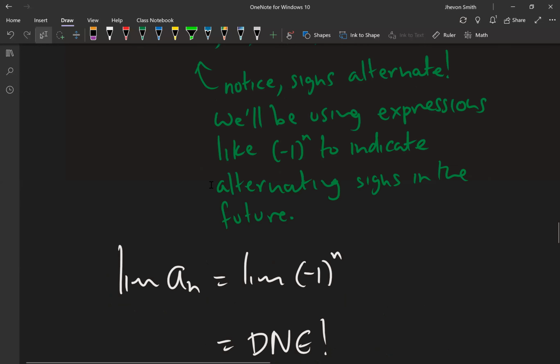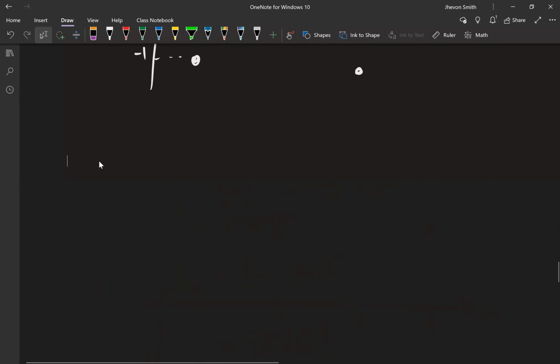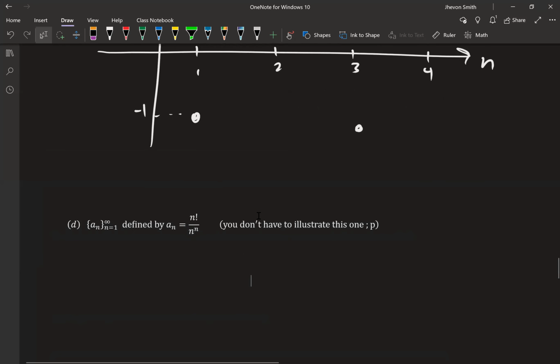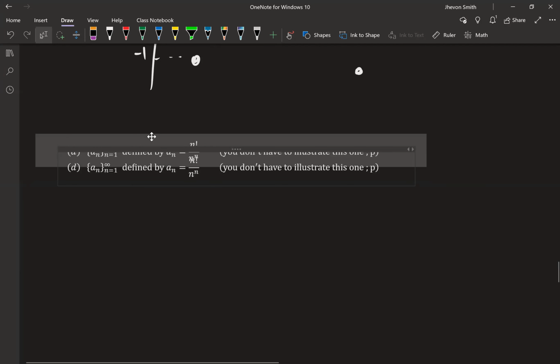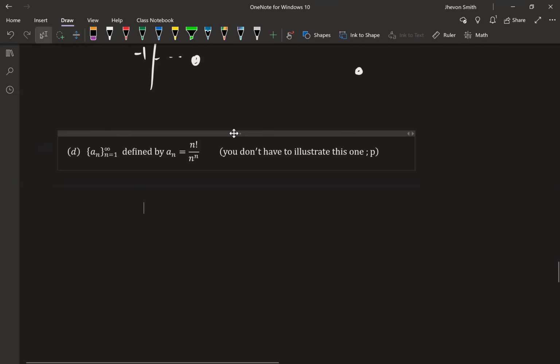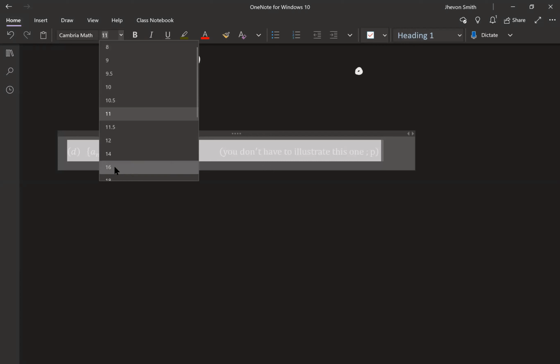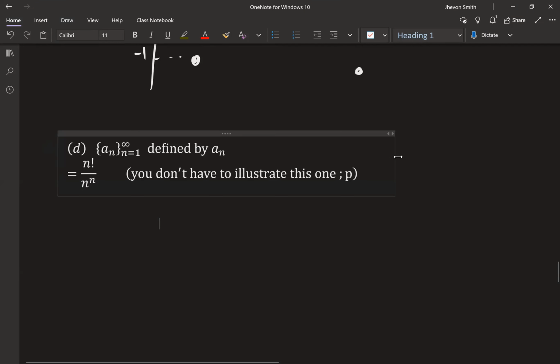There's another one. We're not going to illustrate this one, but just tell me about the limit. So what do you guys think about this one? Does it converge?